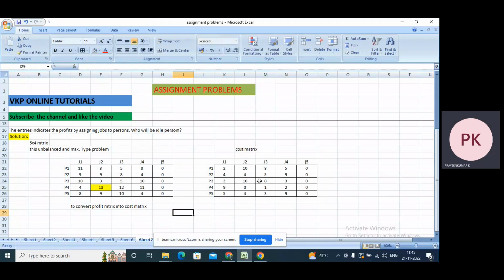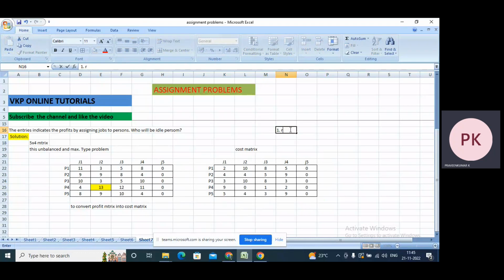Now the next step is to apply the Hungarian method to determine the optimum cost as well as the optimum assignment for this problem. To apply the Hungarian method, we need to follow these steps.